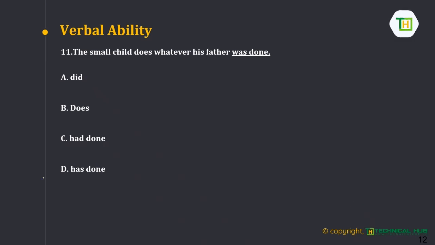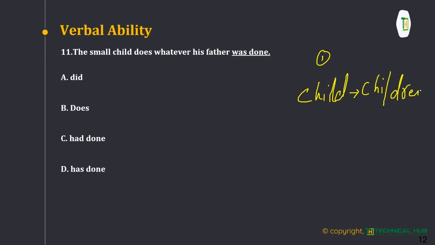The small child does. See here, the small child, and most people get confused with child and children. Child is singular, one boy or one girl. Then the plural form of it is children. By mistake, so many people add s here. Don't add s. Children itself is plural form, that means more than one. A person, then person plural is people.